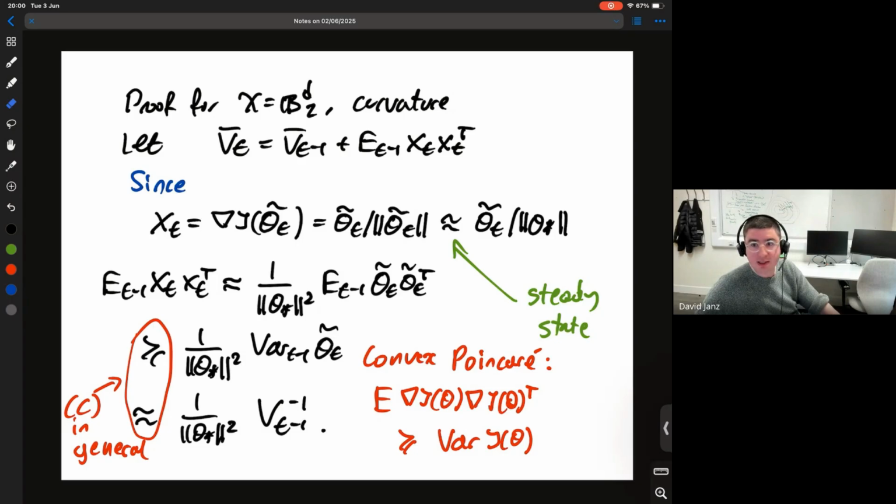So really this is a Poincare inequality, a convex Poincare inequality, and we're using this curvature of strong convexity to ensure that this lower bound is not 0. This essentially ensures that we have some Poincare constant.